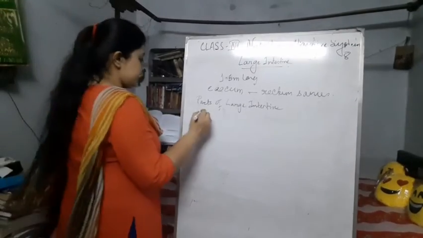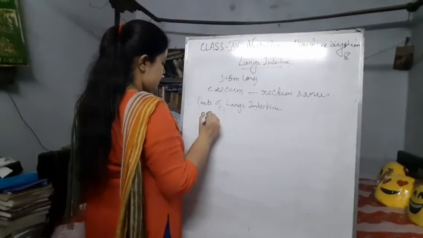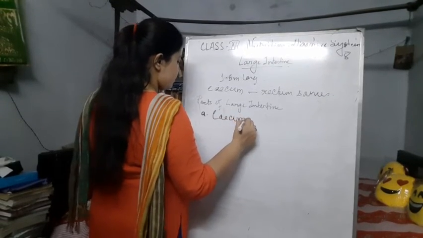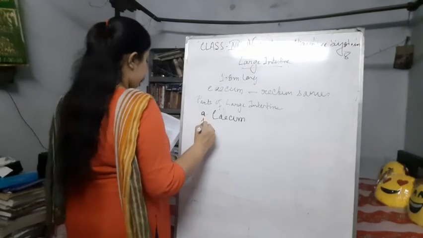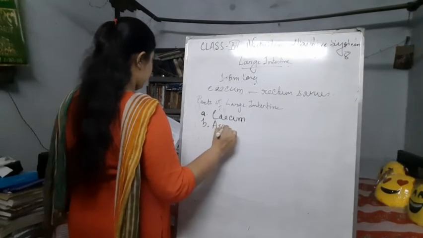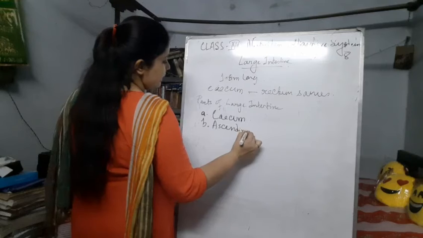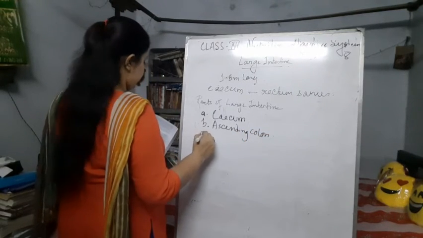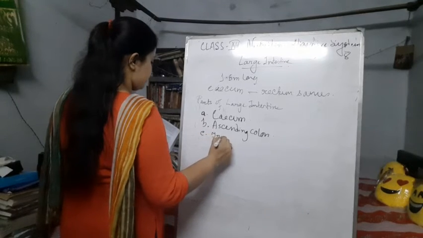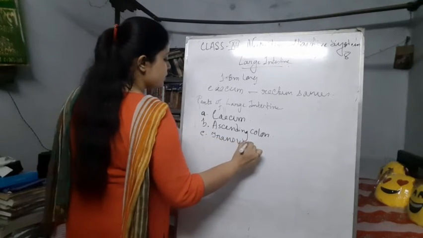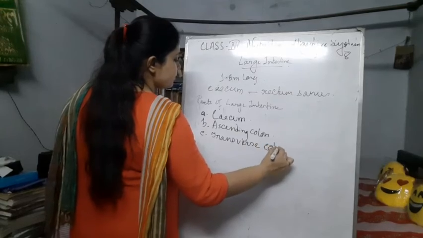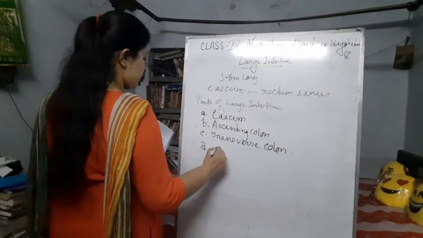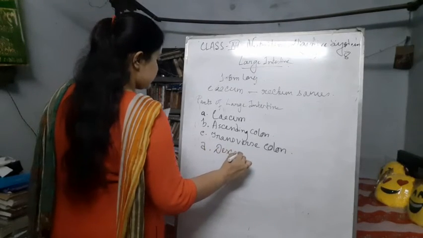The first part is the cecum. Second, the ascending colon. Third, the transverse colon. Fourth, the descending colon.